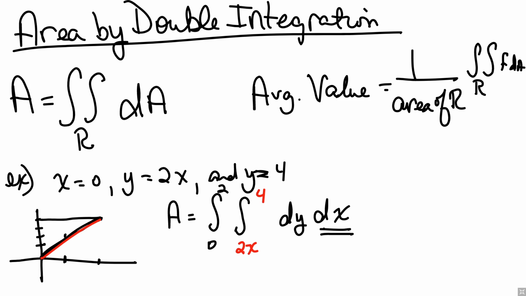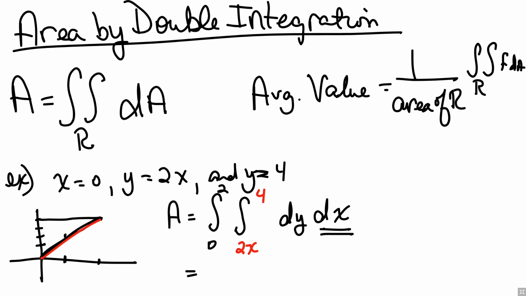So this is the setup. If you decided to do dx dy, you can do that, but keep in mind the limits of integration will change. You will still get the exact same answer.